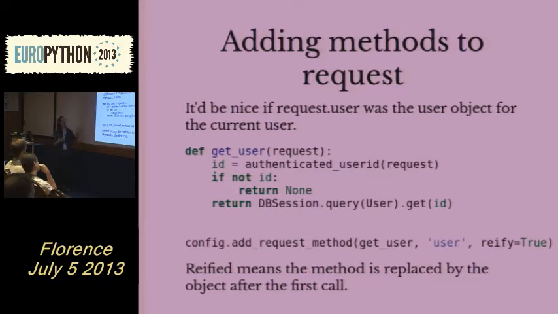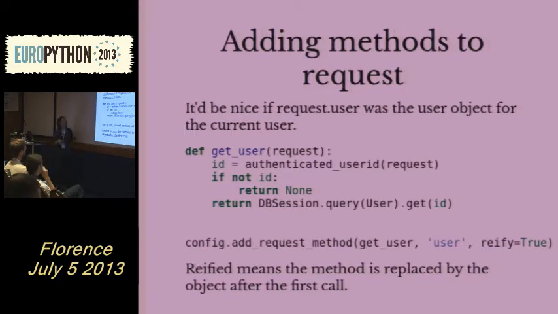So it's quite simple. Just a matter of defining a function that takes a request and returns the user object. Here is an example from my code. It uses SQLAlchemy, just does the database query. And I call the directive add request method with get user and the name of the attribute that I want it to be.